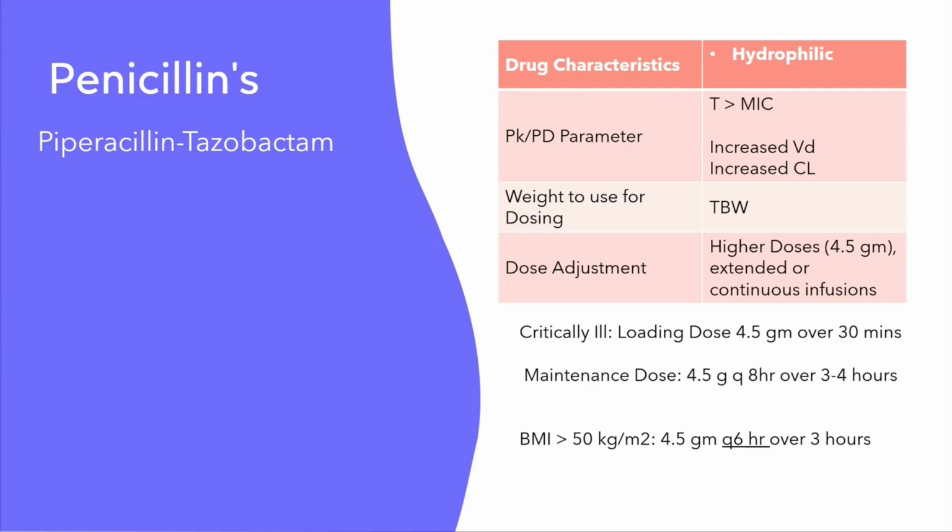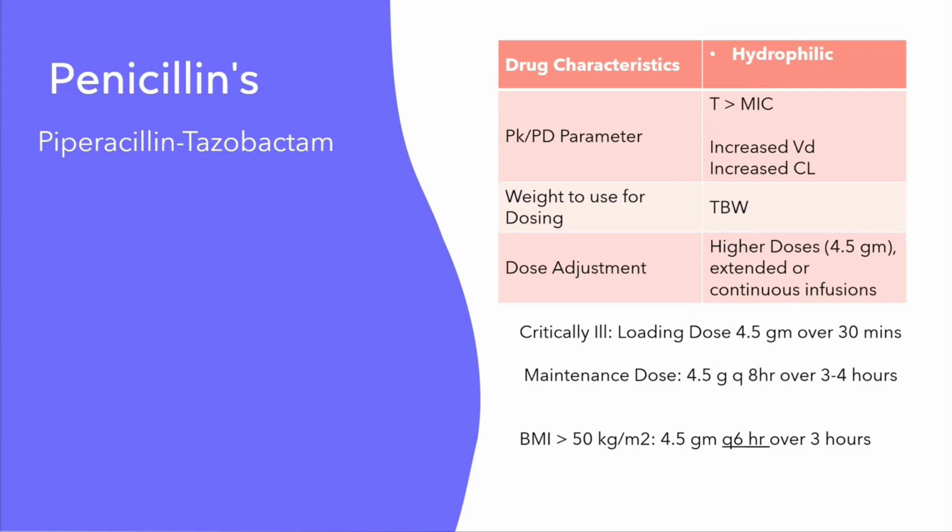And so here I've actually seen specific recommendations that, certainly using the higher doses of piperacillin-tazobactam, that 4.5 gram dose, and then using an extended or continuous infusion, either Monte Carlo simulations or data from specific cohorts have shown that those types of regimens do meet target attainment for this antibiotic.